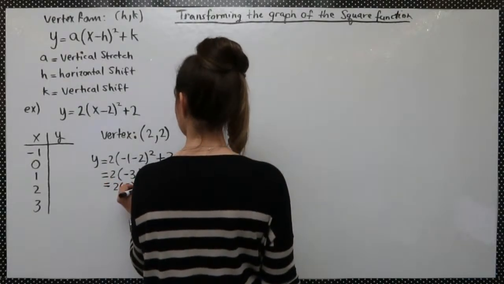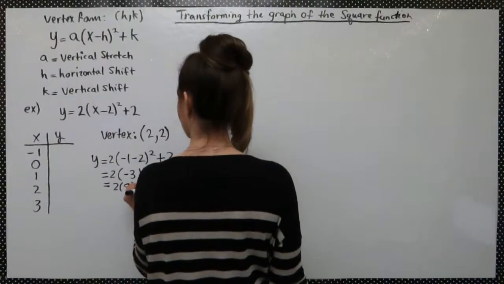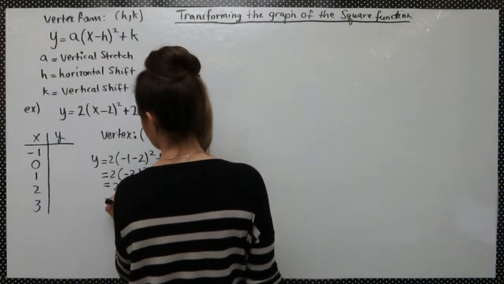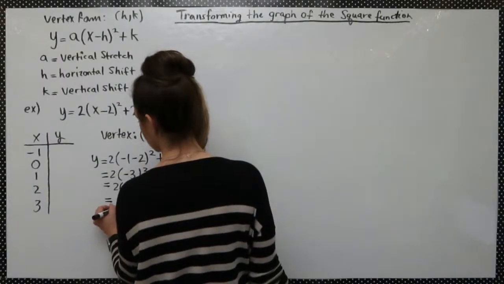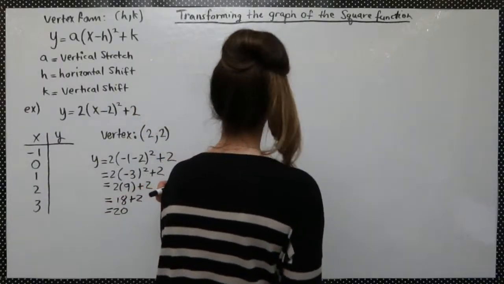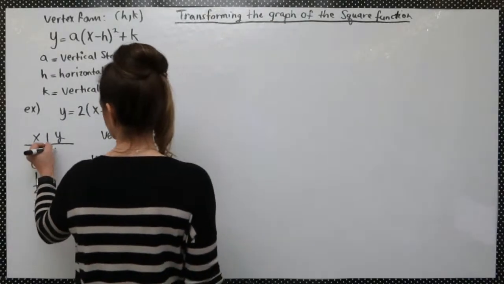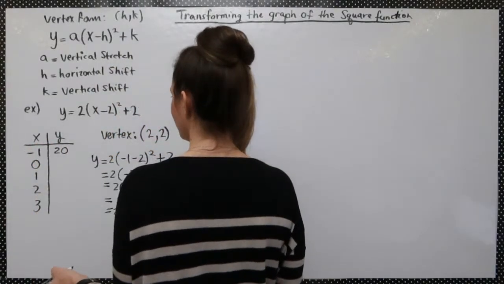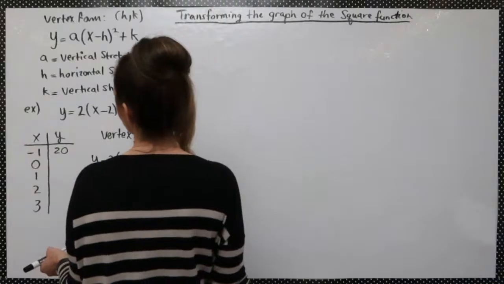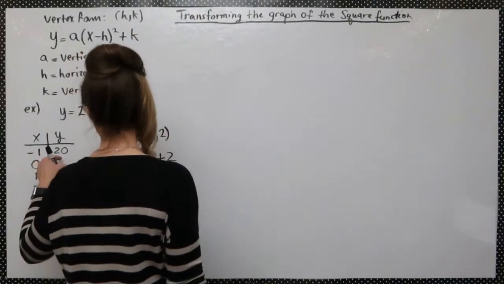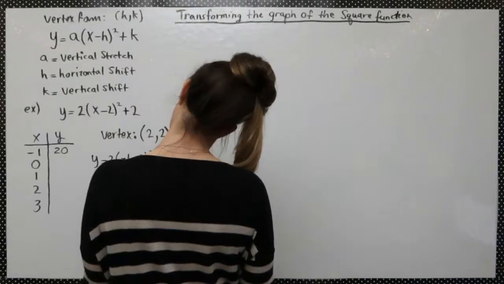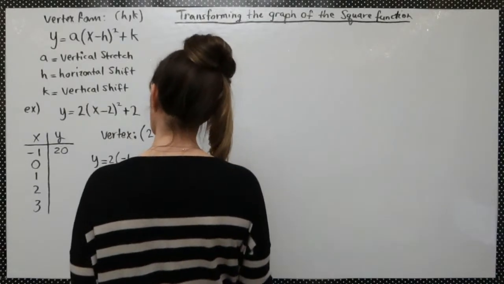That is a really big value. All right, 18 plus 2. We're at positive 20 at -1. So we're not going to start at 20. How is that possible? Okay, well, I gotta believe it.